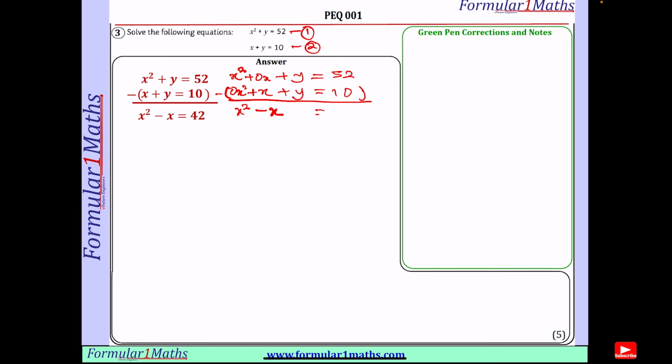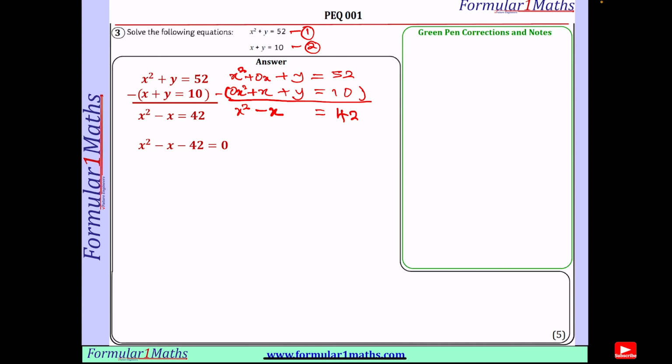I put down my equal sign. Then 52 minus 10 will give me 42, which is the same equation that I got here. So this is how I got this equation here. So from here, we've rearranged to get this quadratic equation here.